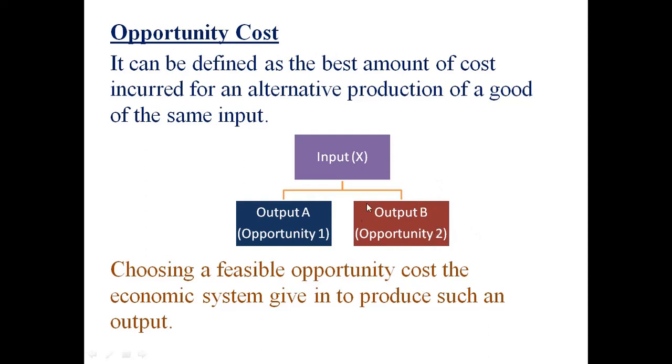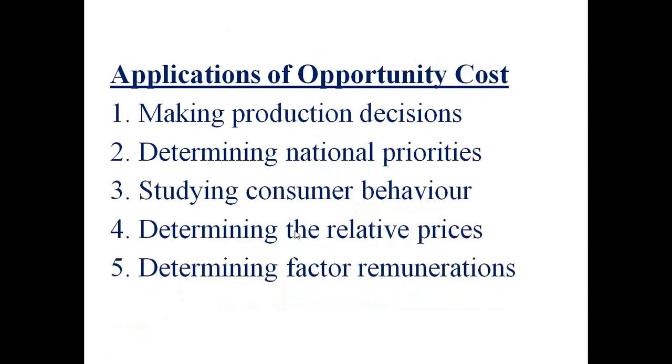So when you are producing noodles, you have to add the preservatives. But if you are supplying the normal atta, do you have to add the preservatives? No, you don't have to, isn't it? So this way you can determine the relative prices also.